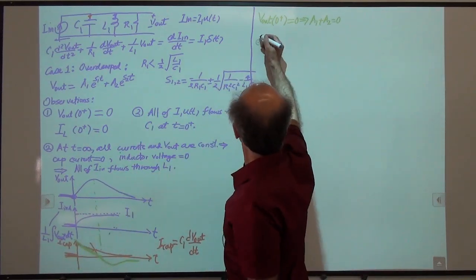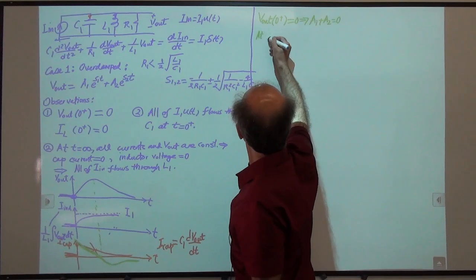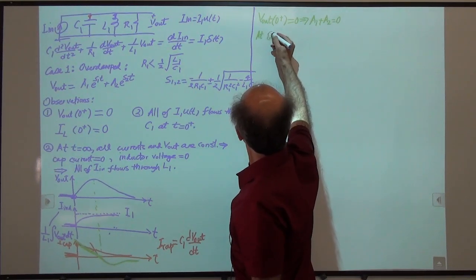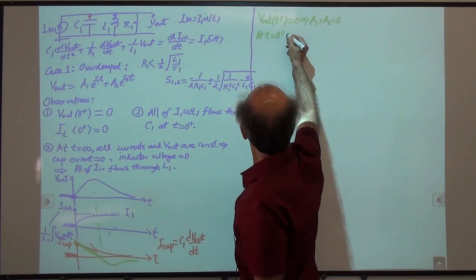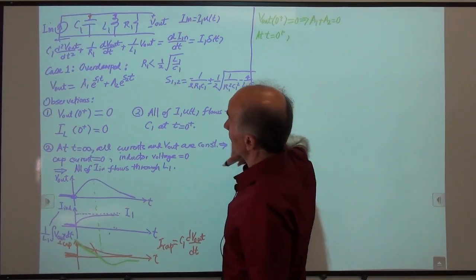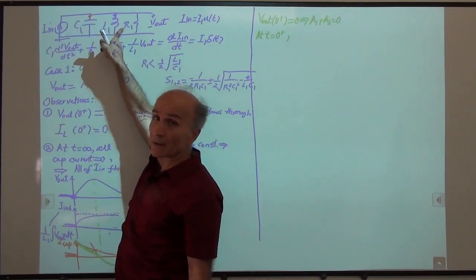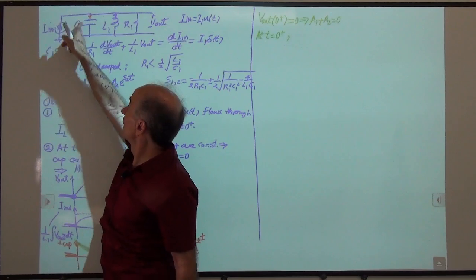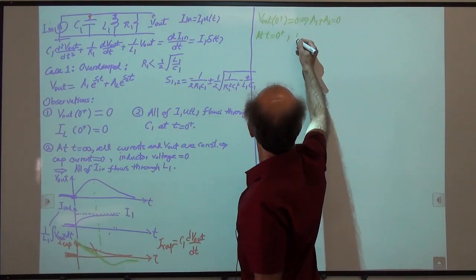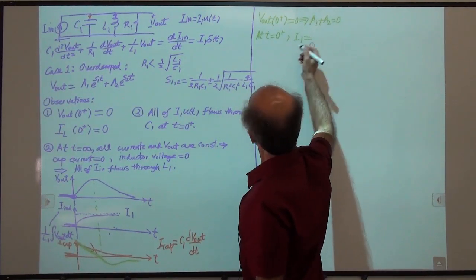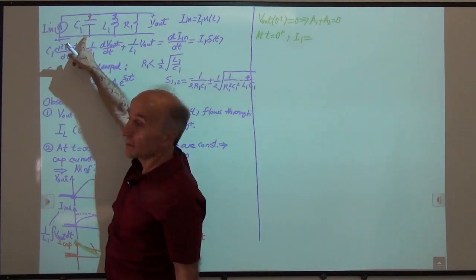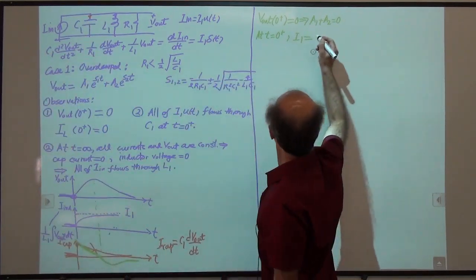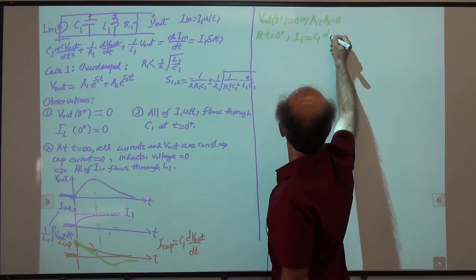So at t equals 0 plus, what we have is this. I'm going to write the KCL at this node again, right? Remember last time we wrote the KCL? So what I have is I1 is coming in. What's going out? We have C1 dV out over dt.